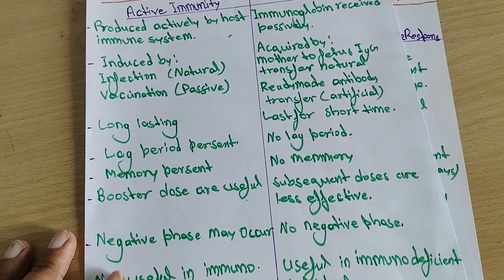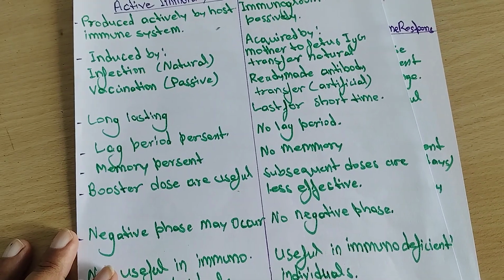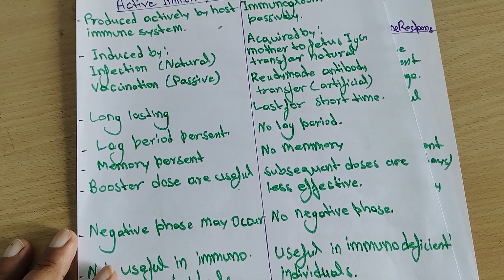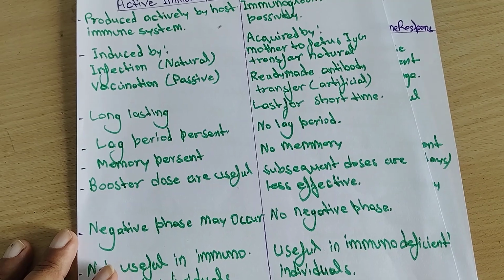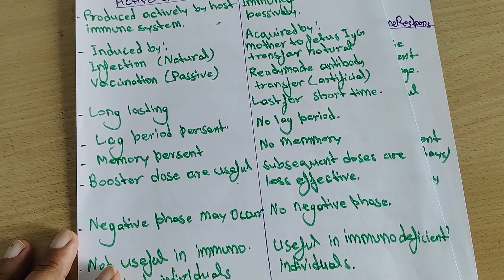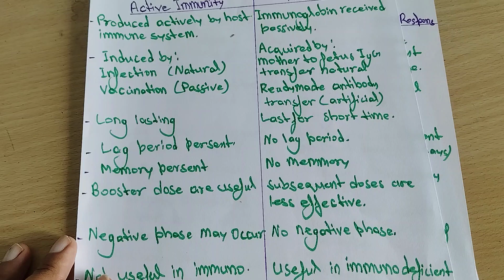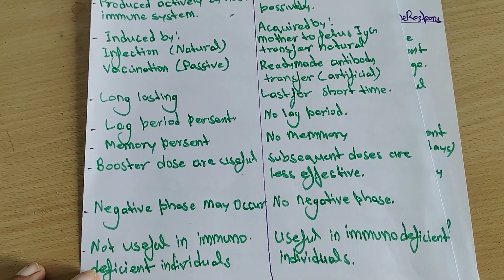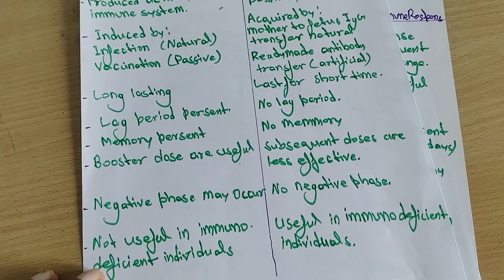After the microbe or antigen is inserted, it binds the pre-formed antibody, and the concentration of antibody decreases. That's why negative phase is present in active acquired immunity. There is no negative phase in case of passive immunity.